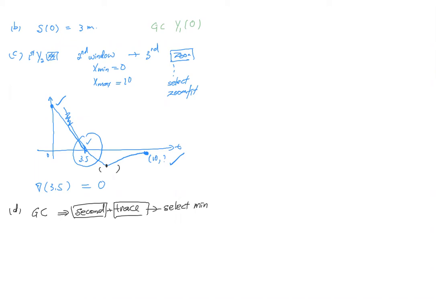Then you get the answer. Left bound, right bound, that kind of thing. You just write down the answer from your GC. So here is 4.